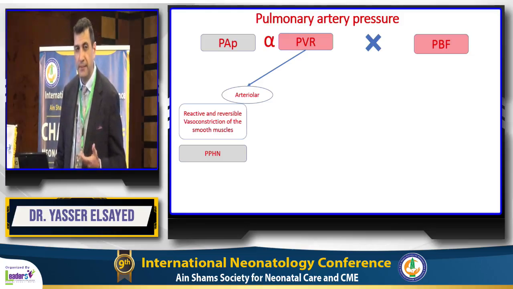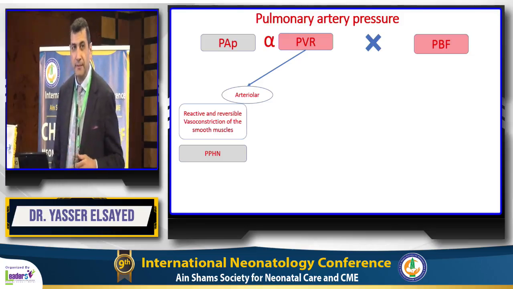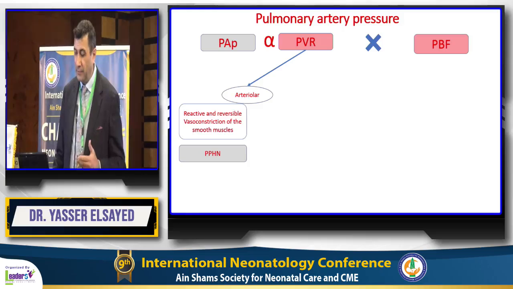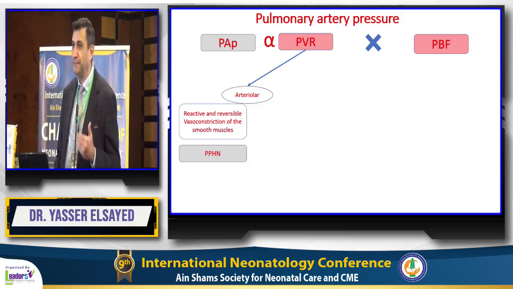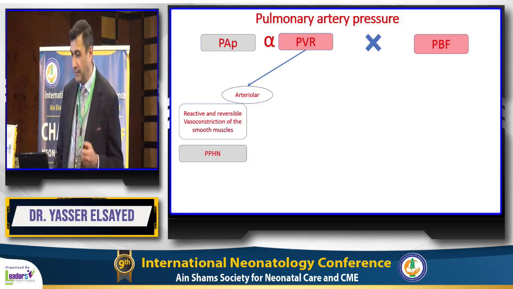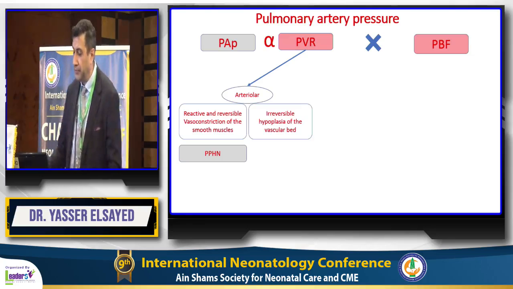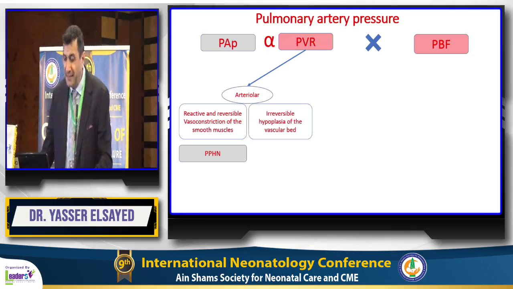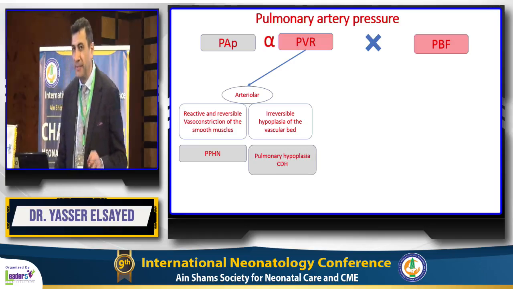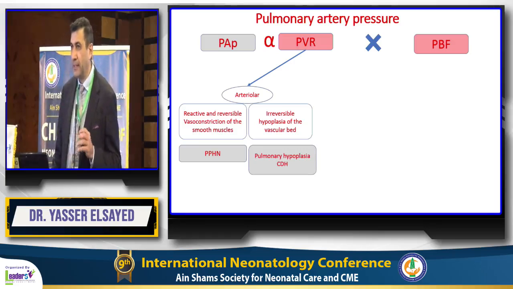If the infant did not get enough oxygen after birth or during postnatal transition or during delivery, will develop pulmonary hypertension because the fetal pulmonary vascular resistance is very high, and this transition to lower resistance after birth should be induced by oxygen. And then we may have irreversible. So not all of the arteriolar vasoconstriction is reversible, it can be irreversible in hypoplasia of the vascular bed. This is expected in pulmonary hypoplasia and congenital diaphragmatic hernia, which is the topic for this afternoon.